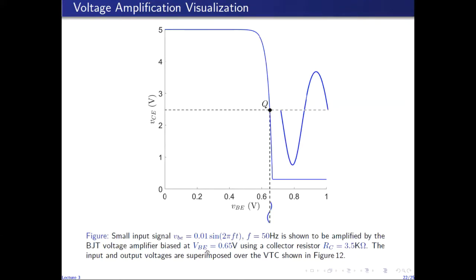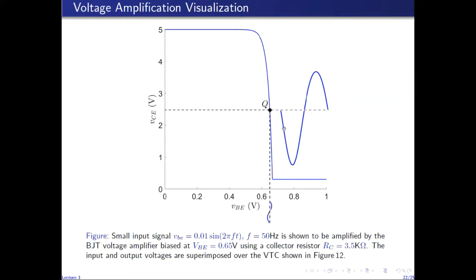The corresponding DC voltage in the output, which corresponds to this DC voltage at the input, is about 2.5 volts. This dotted line shows the DC component of the output voltage, and this sinusoidal waveform shows the output because of the sinusoidal waveform at the input.